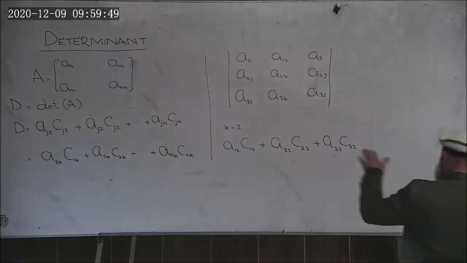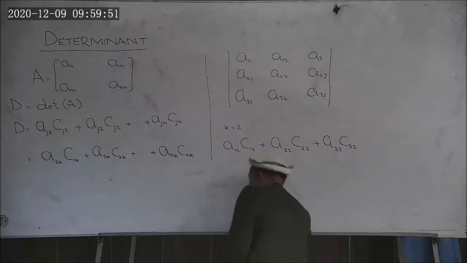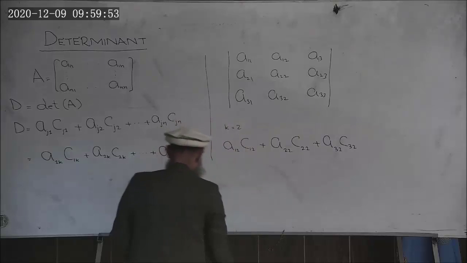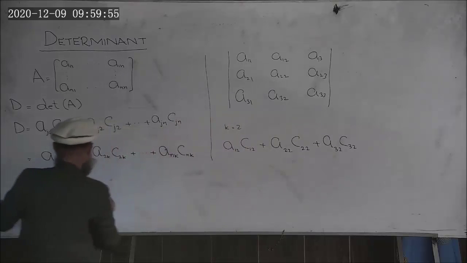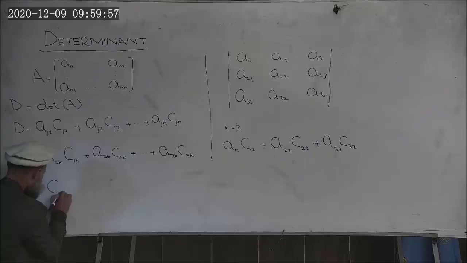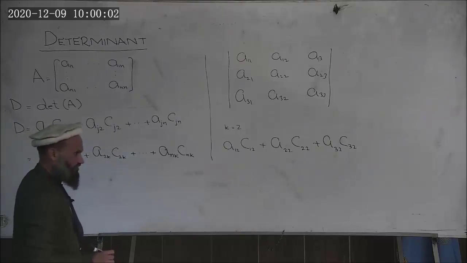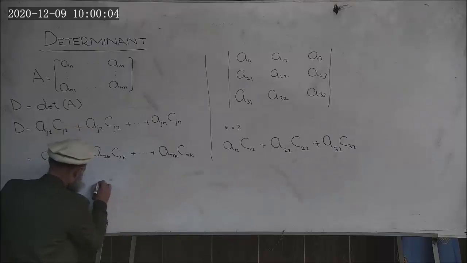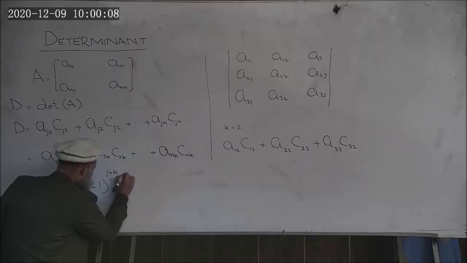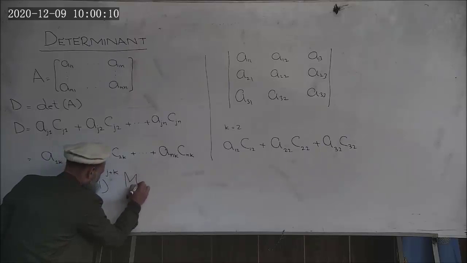So you can expand the determinants either by rows or by columns, where the cofactor Cjk, the jkth cofactor, is obtained by minus 1 to the power j plus k multiplied by Mjk.